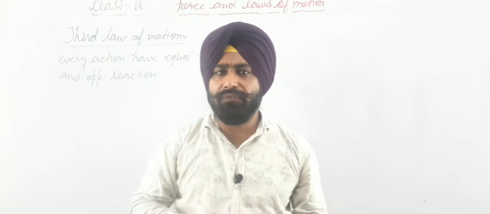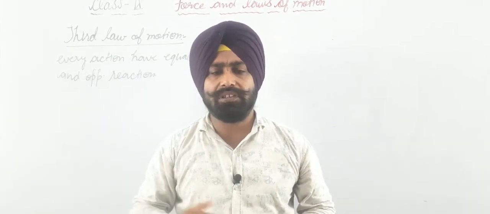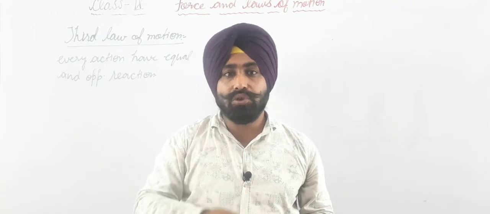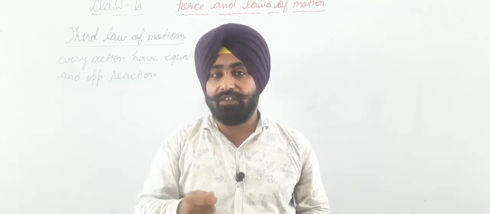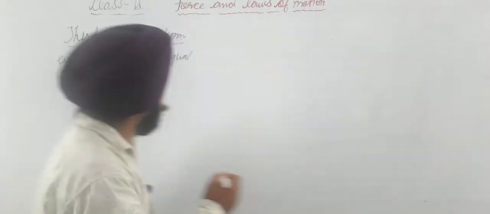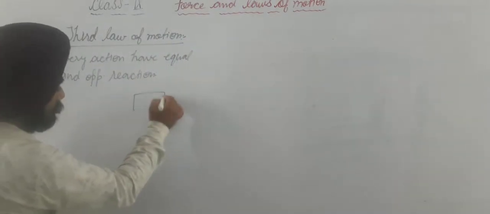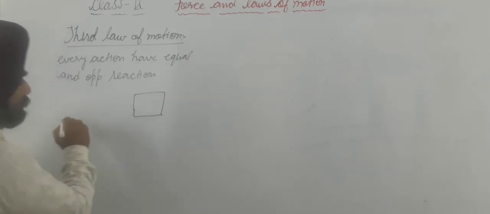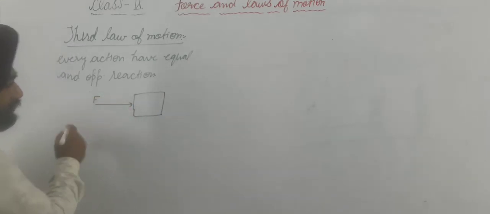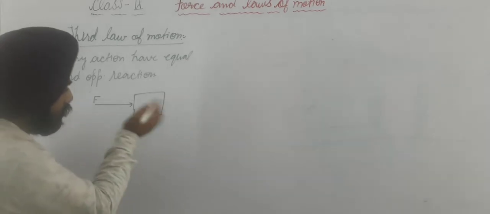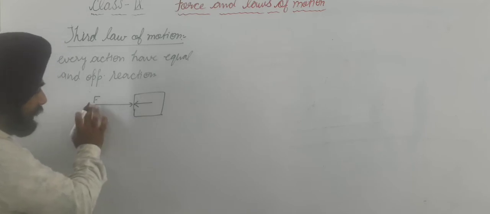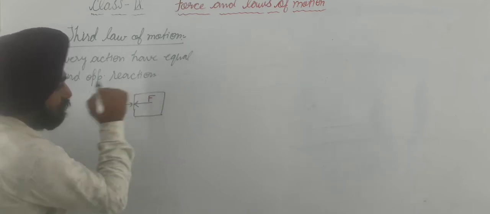It means if any force is acting on an object, then that object also exerts a force back on the first object. If there is a block and someone applies a force F on this block, then this block also exerts a force of equal magnitude F.